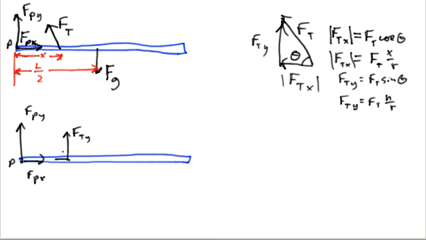And I chose to put this one leftward rather than having it turn out with a minus sign. I knew it was leftward, and that's FTX absolute value. I think it'll save me a little bit of time if I put down what that is. That's FTY was FT times H over R.